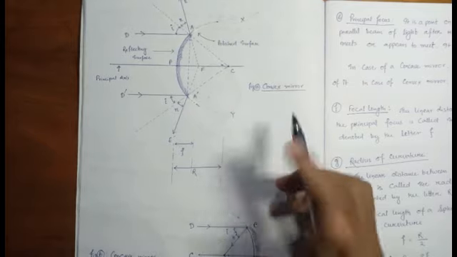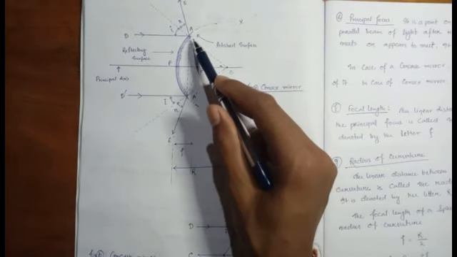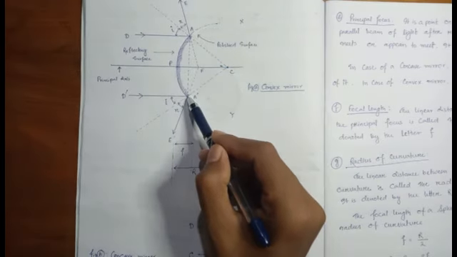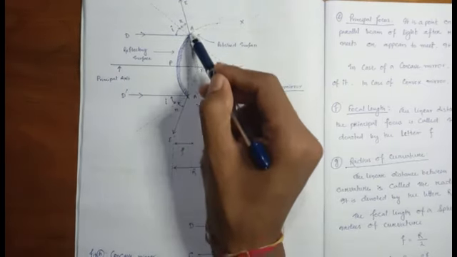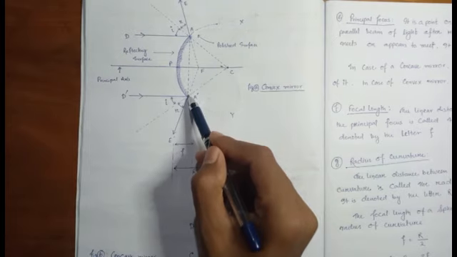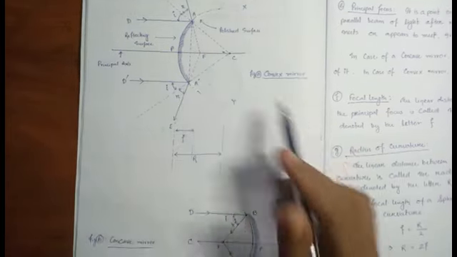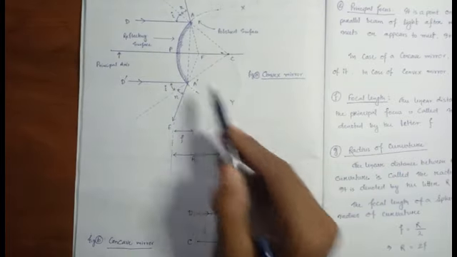Okay, so you can see here in this figure, figure A is your convex mirror. From point A to A dash, this line I have drawn here, you can see this is called linear aperture. Understood? This is the diameter of your reflecting surface.